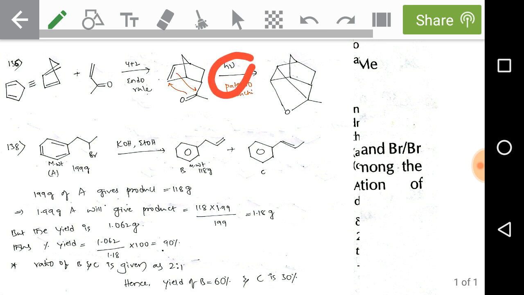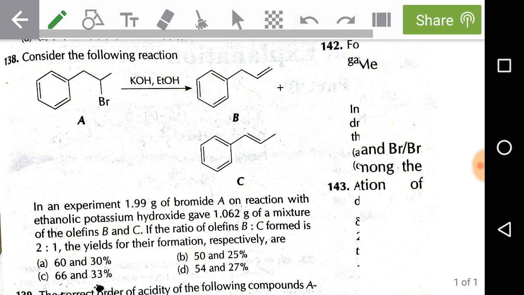Now further photochemical conditions. So here we have an alkene and ketone. So Paterno-Buchi type of reaction takes place, and we can get the final product. Okay, just check the Paterno-Buchi selection rules in our courses. And next question, consider the following reaction.